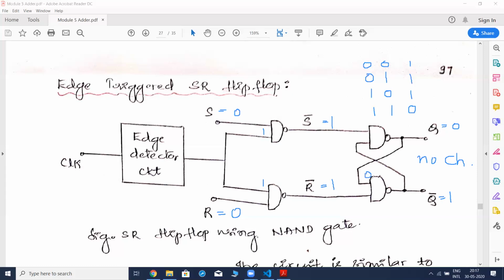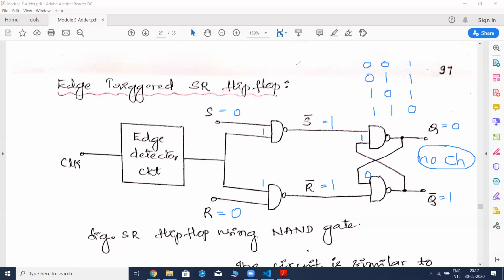If any one of the inputs is 0, the output is 1. So that 1 will appear over here. When both the inputs are 1 1, we are getting Q as 0. That means our previous state was 0 and the present state is also 0, so there is a no change condition. So this is what we could say.